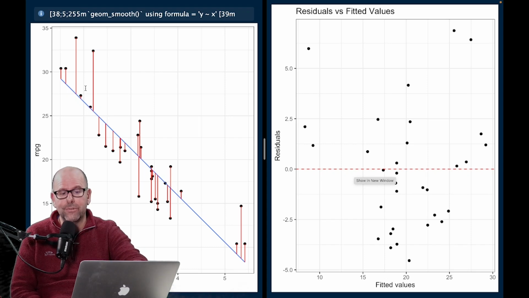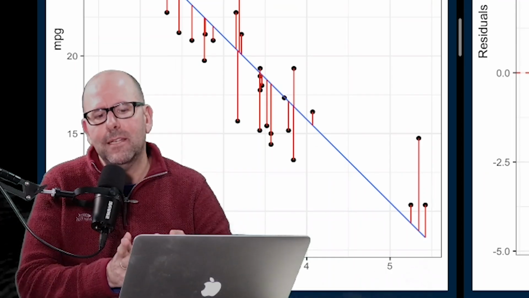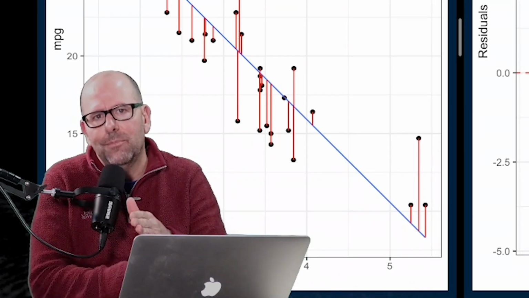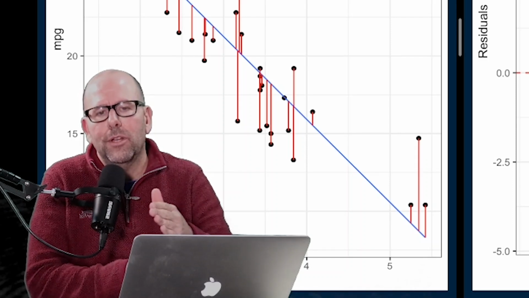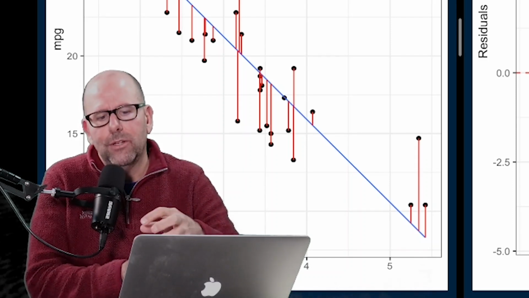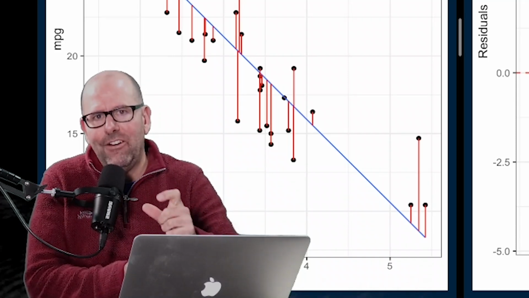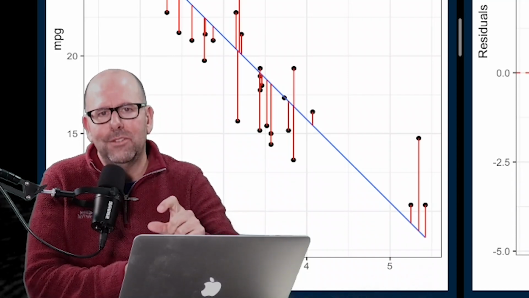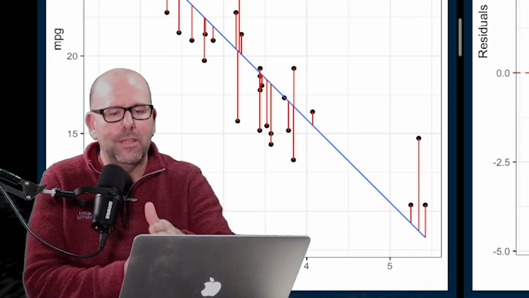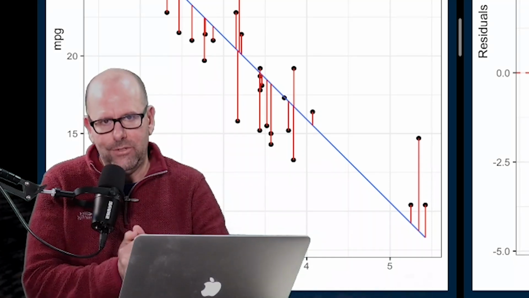If you look at those red lines, the blue line is the model, the black dots are the actual data points in our data set, and you don't expect all of our data points to sit exactly on the model. Because we live in the real world, they're all going to be outside of the model to an extent, and the extent of that error we call the residual value, right? The difference between the model and the actual values that we've got.